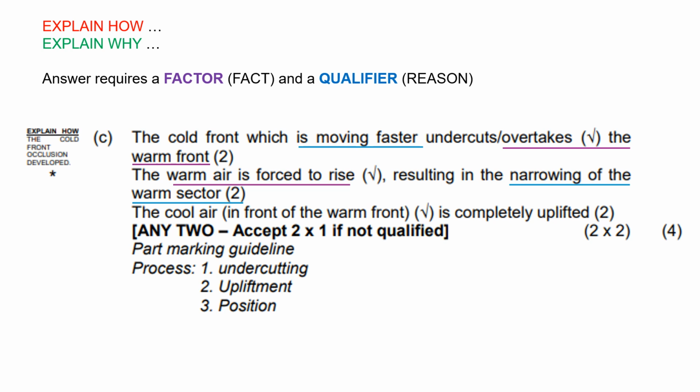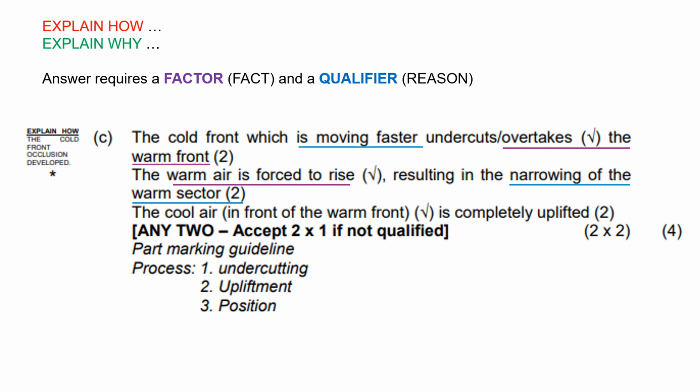The first fact here is that the cold front overtakes the warm front, and the reason that happens is because the cold front is moving faster than the warm front. The second sentence says that during the occlusion, the warm air is forced to rise. That's part of what happens during the occlusion. That's the factor. And the reason for that is that the warm sector is becoming narrower and narrower and narrower.